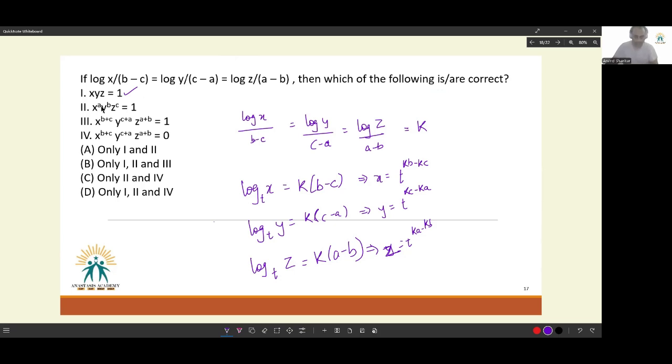Now x raised to the power a would bring me to t raised to the power kab minus kac.